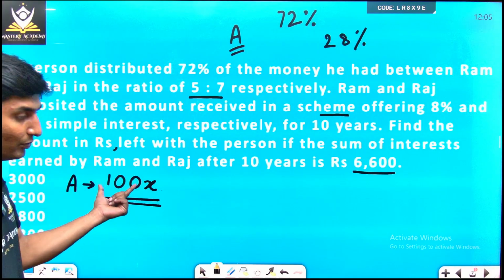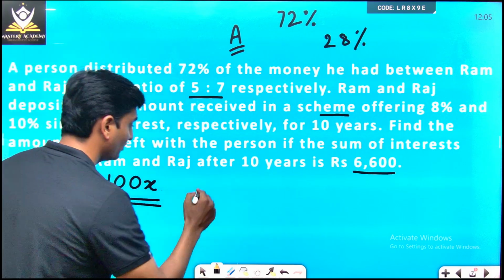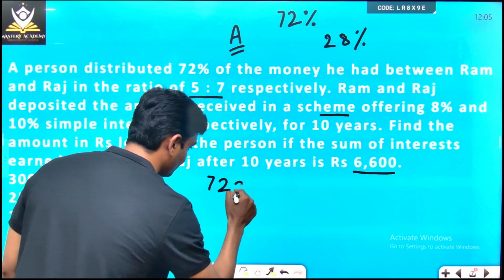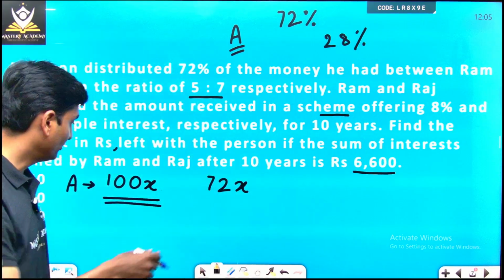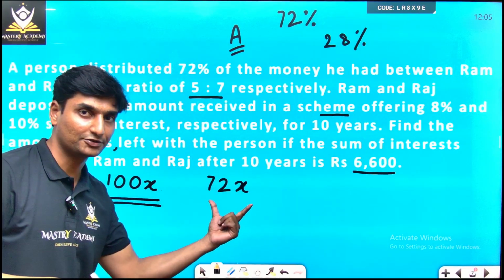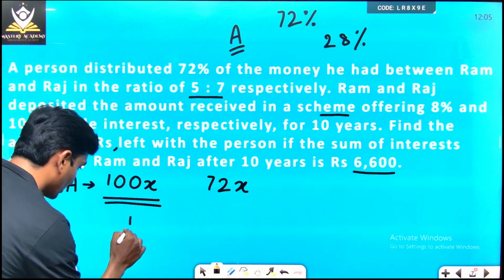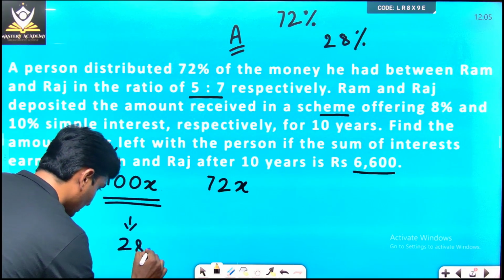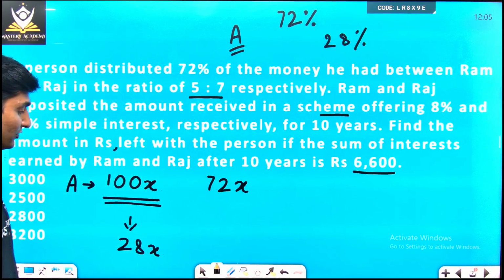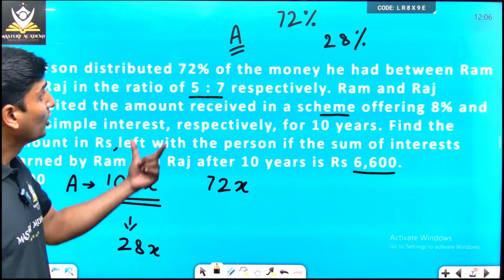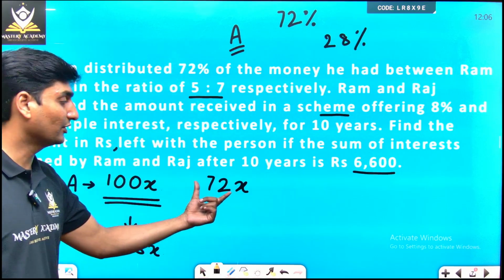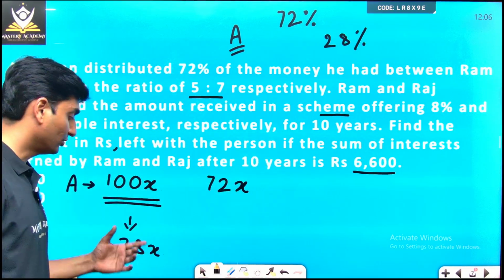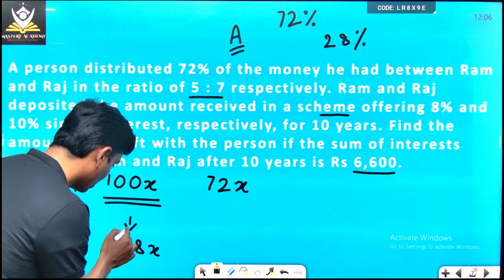Now 72% of 100x will turn out to be what? 72 upon 100 into 100x, 72x. What is remaining? 28%, which is 28x. Out of 100x, 72% he is giving, and 28% he is saving, keeping with himself.